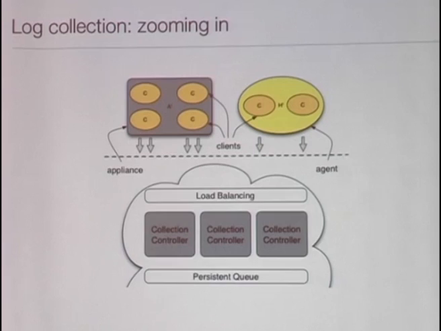Another interesting thing is that the clients that run on a host on which we install an agent, or inside the appliance, are essentially the same programs. It's the same code. In the case of appliances, they perform the remote collection function, which means if you want to collect from a remote Windows host, those programs reach out to that host and collect logs from it. If it's an agent, they collect from the local host. Remote collectors and local collectors speak exactly the same protocol to the backend.